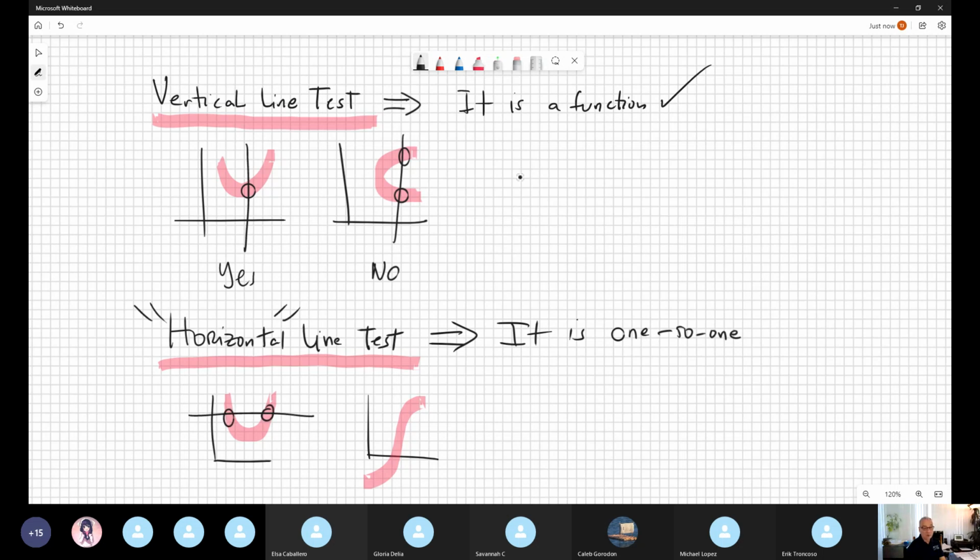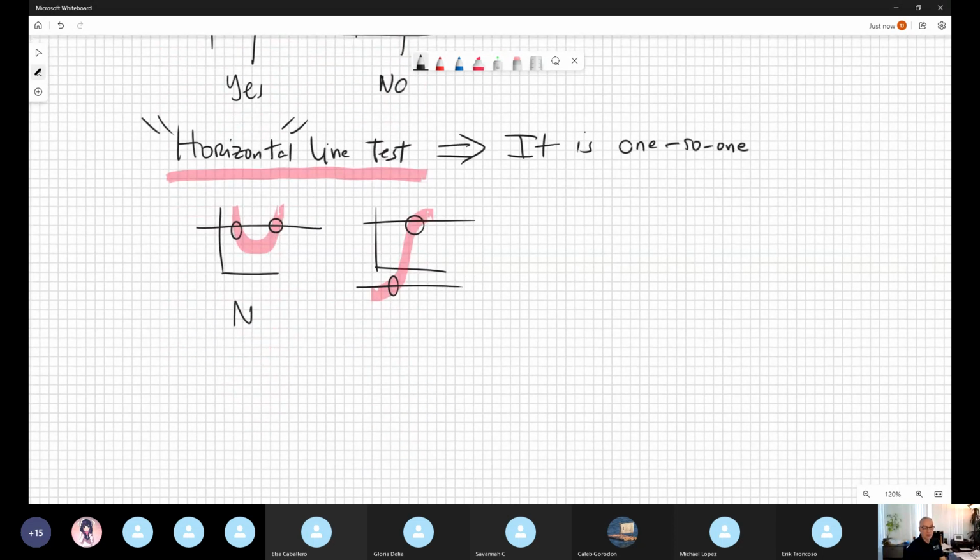Crossing 2 points here, crossing only 1 point here. Any horizontal line that you apply crosses 1 point. So this is a typical example.